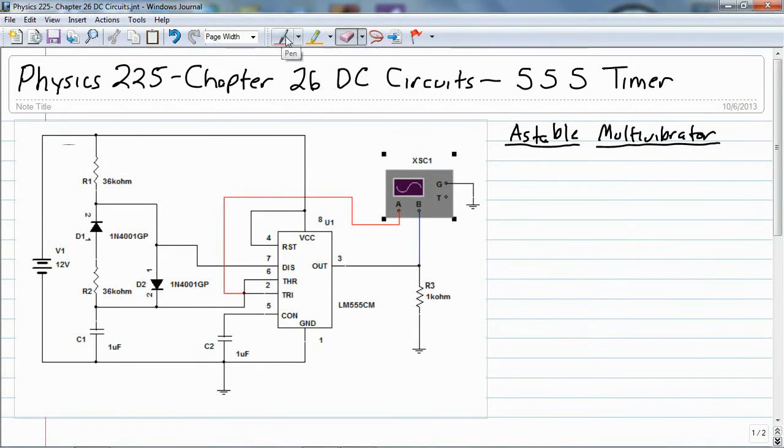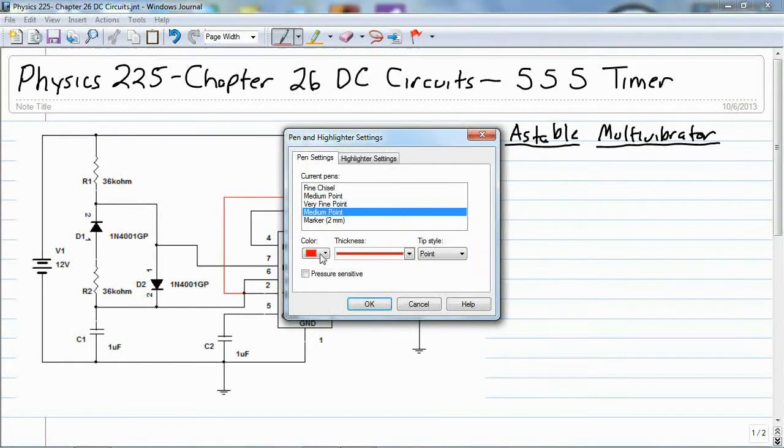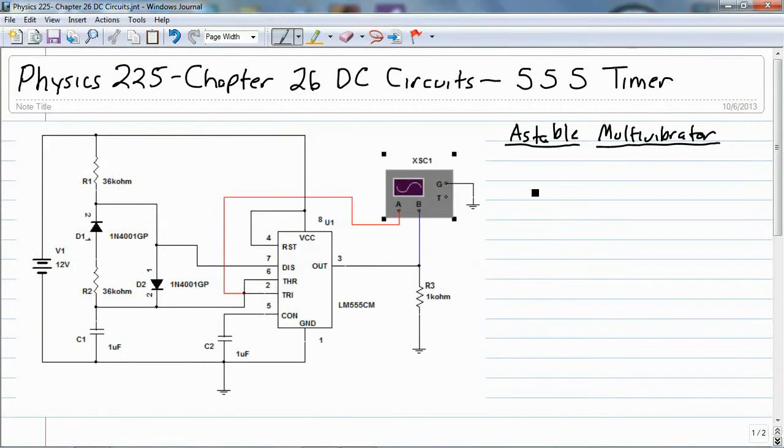Okay, let's look at the charging first. So for charging, we have this V1 minus V1, that's our source for the charge, minus, well, I need to get my initial potential, and that's going to be 1/3 V1.